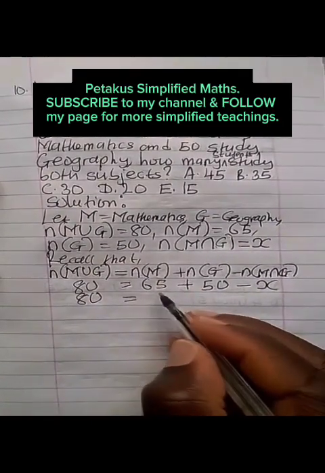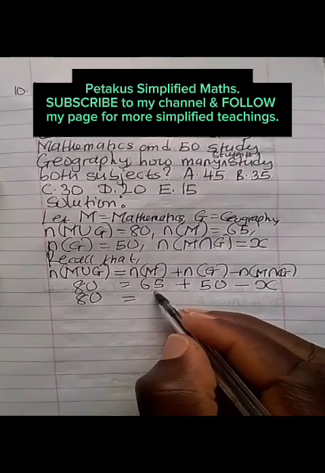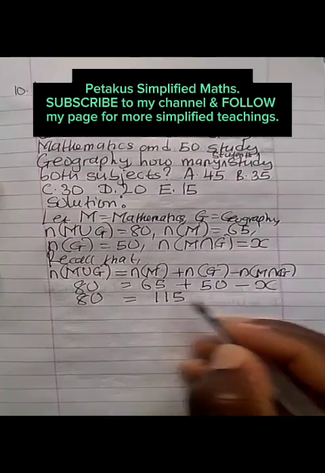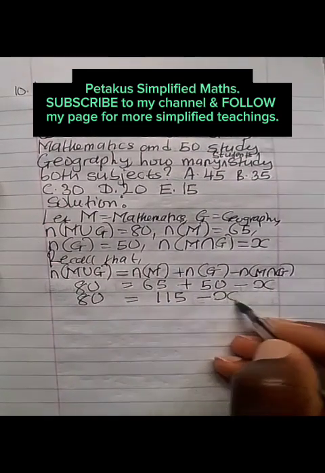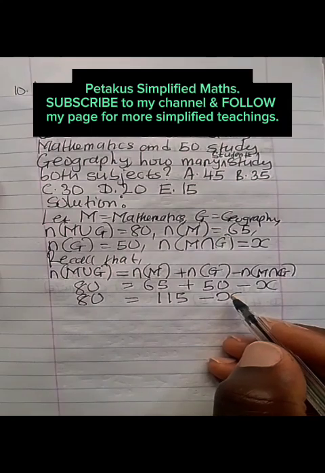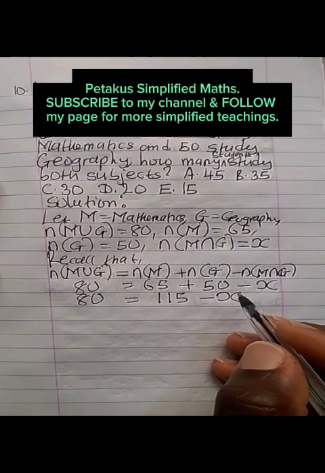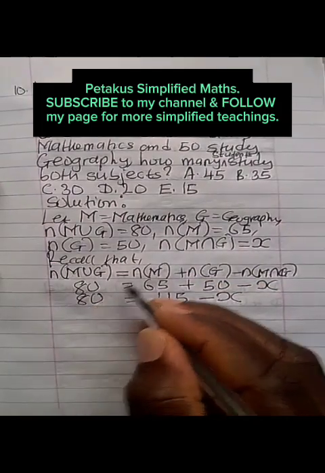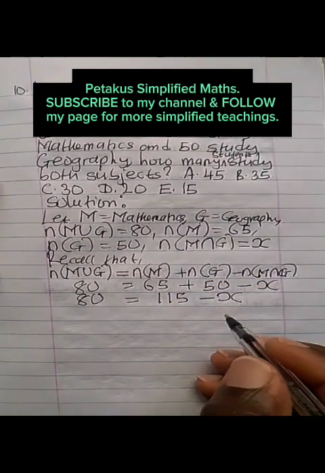80 is equal to, you add from here, 115 minus S. For S to be positive, you have to transfer it this way and 80 to the right hand side.